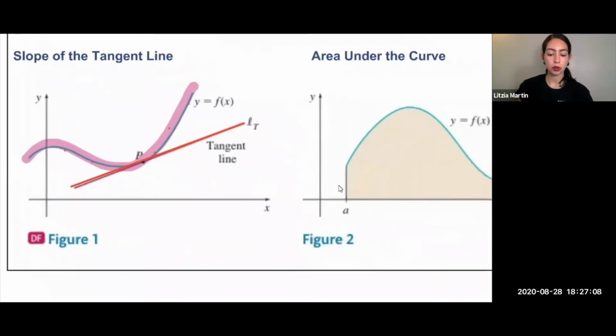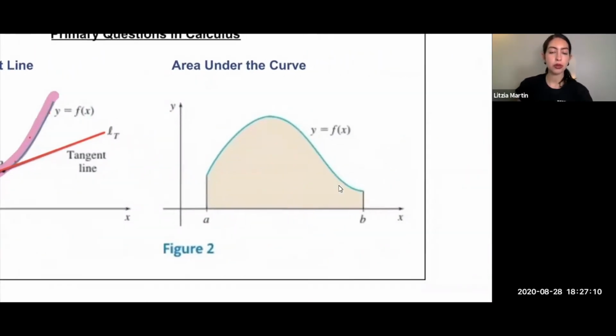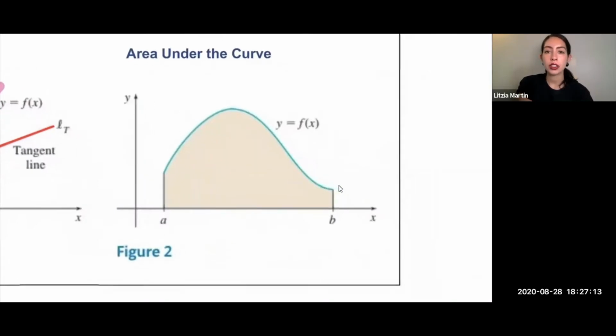And the second one was, how do we determine area under a curve? So we pretty quickly were able to determine area of things that were squares, rectangles, triangles. We were able to calculate the area in that way.